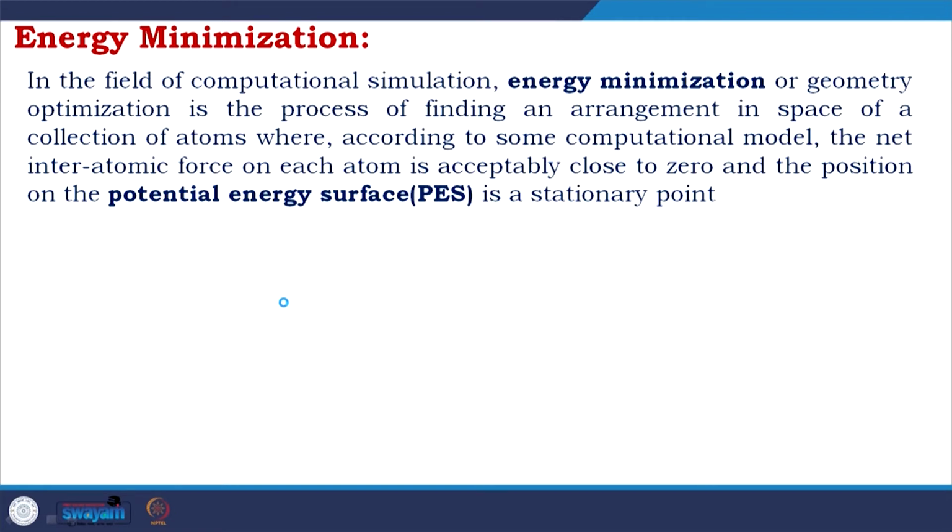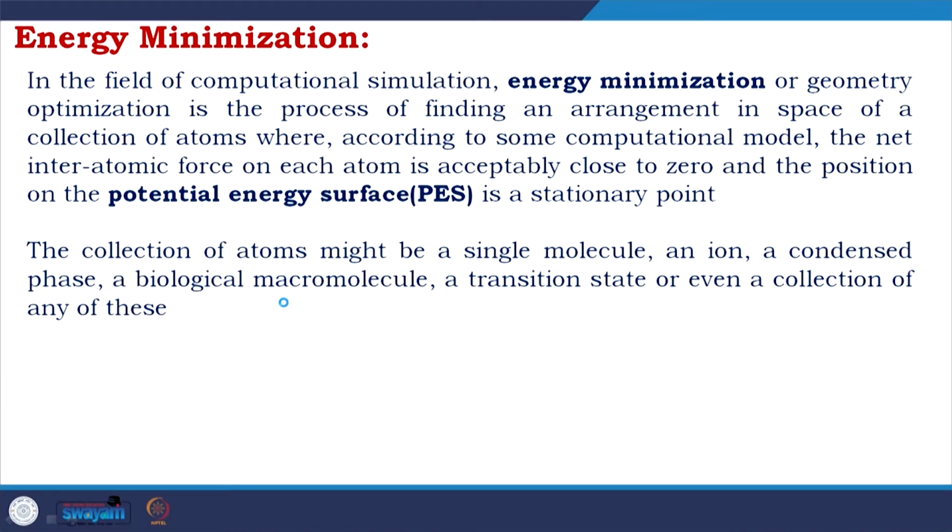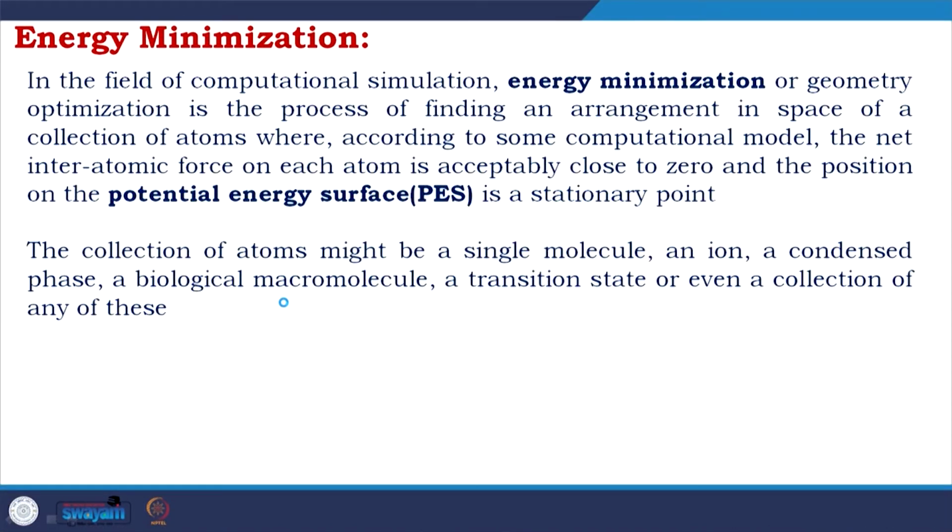That is the major condition of energy minimization. The collection of atoms might be a single molecule. Nowadays, single molecule is becoming very popular for study. An ion, a condensed phase, a biological macromolecule, a transition state, or even a collection of any of these.